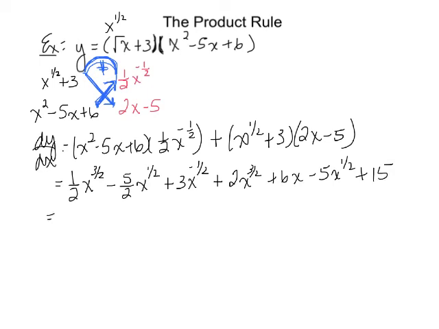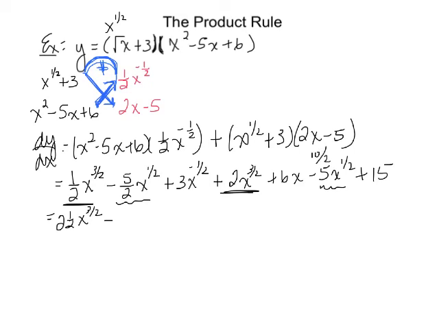Okay, gather together my like terms. I have an x to the 3 halves and another x to the 3 halves. So 1/2 plus 2 is 2.5 x to the 3 halves. And then any terms that have x to the 1/2, positive 1/2, I have 2 of those. Okay, so I have minus 5 halves minus 5. So let's see, minus 5 is the same as minus 10 halves.